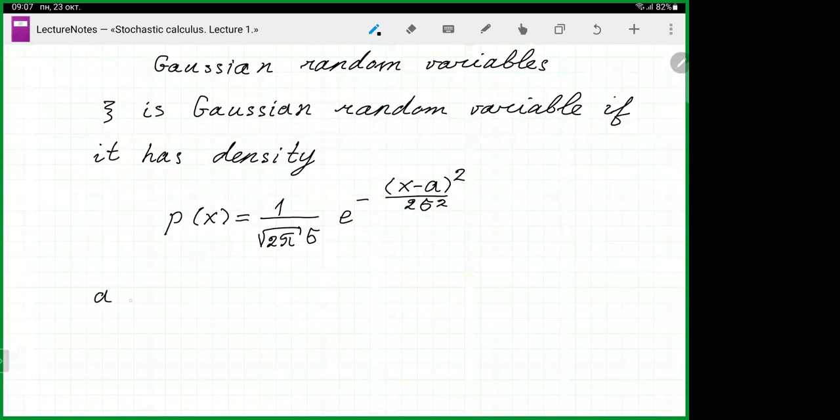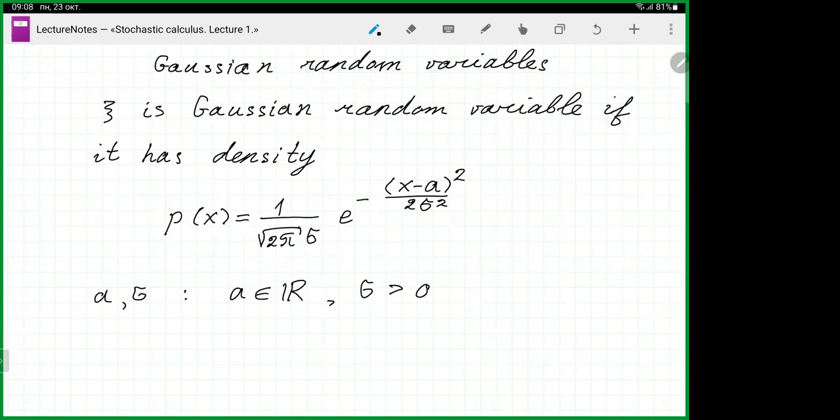Here a and sigma are constants such that a is an arbitrary real number, sigma is positive.